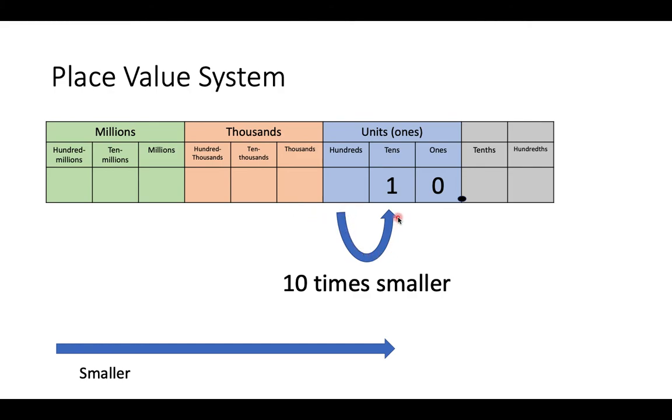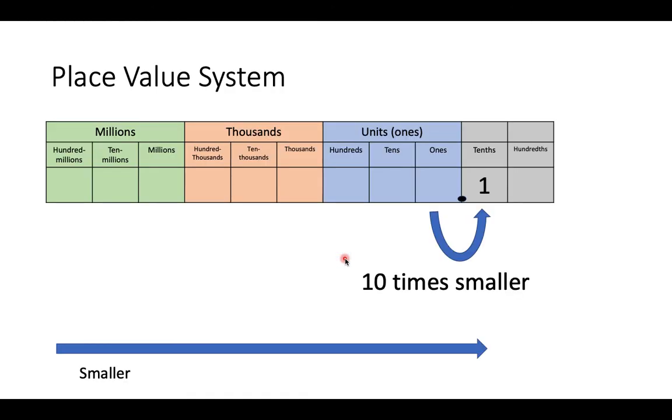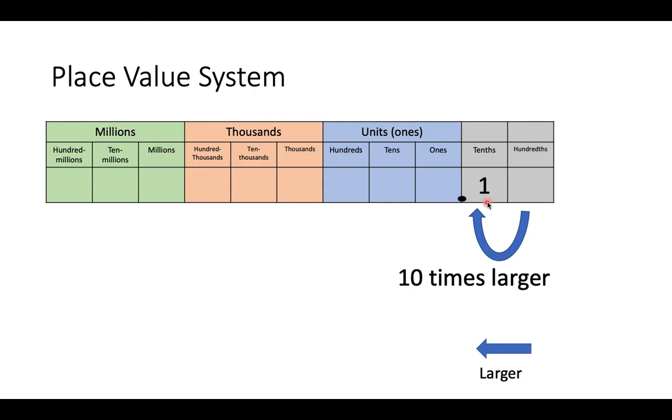And then 10 times smaller, so that's a 10. And 10 times smaller, and so we're here, the 1. And then 10 times smaller, and we're at the tenths. And then the hundredths. And notice I have to put a 0 there. That's a placeholder, right? If I just wrote a 1 with a decimal next to it, it wouldn't make sense. We wouldn't know that it's a hundredth without the 0 in between there.